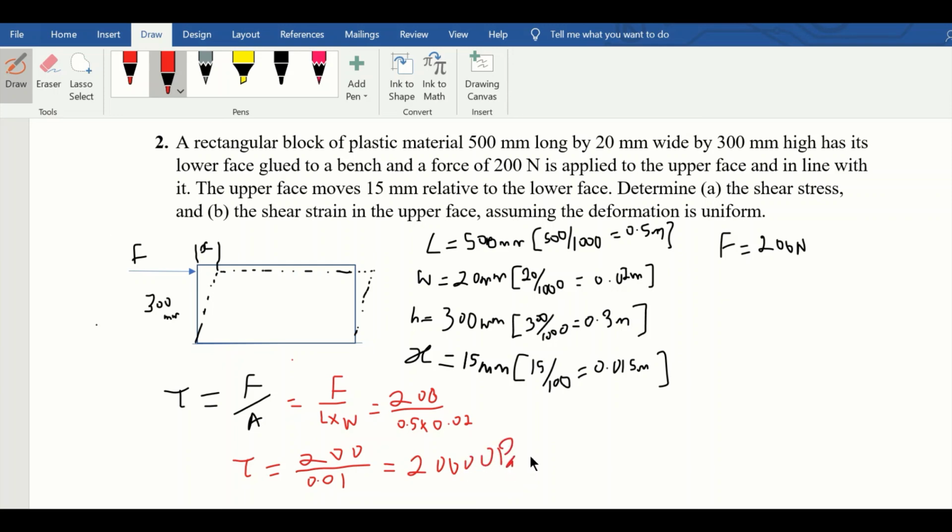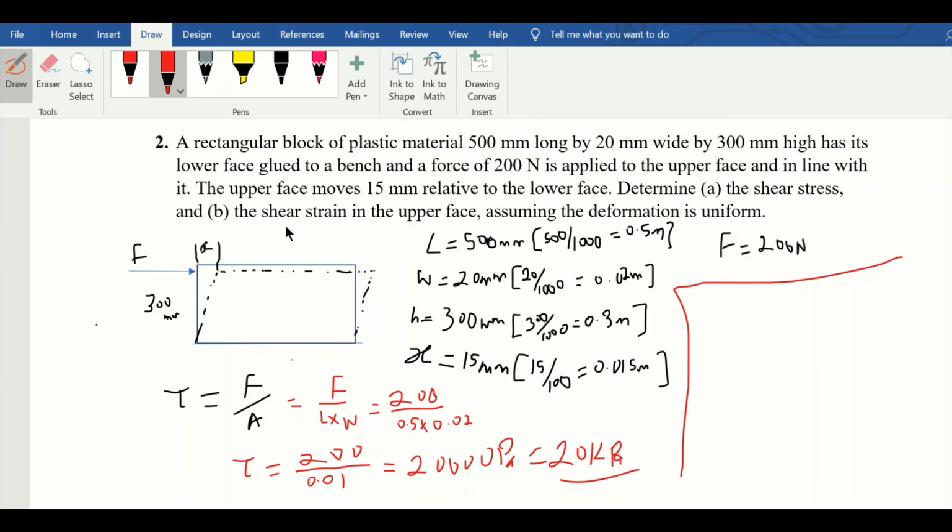And please note that we can convert this to kilopascal. It becomes 20 kilopascal. So that is our shear stress.